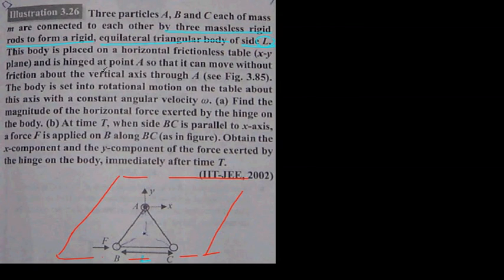It is hinged at point A, and this point A is pivoted here, so that it can move without friction about a vertical axis. It can revolve like this without any friction, with constant angular velocity omega.